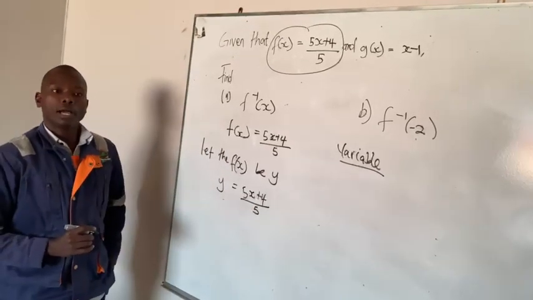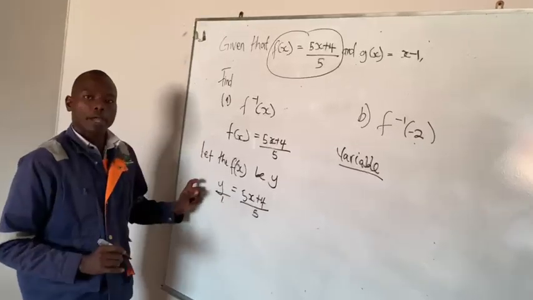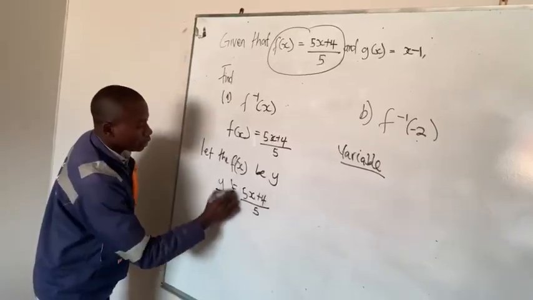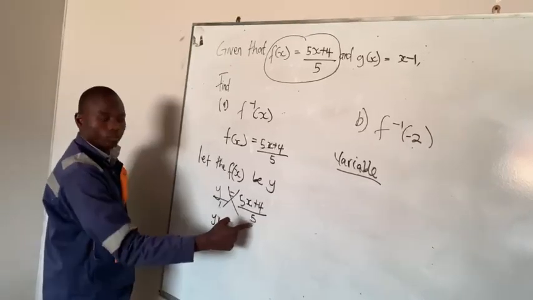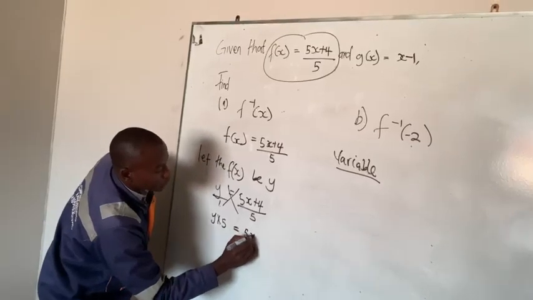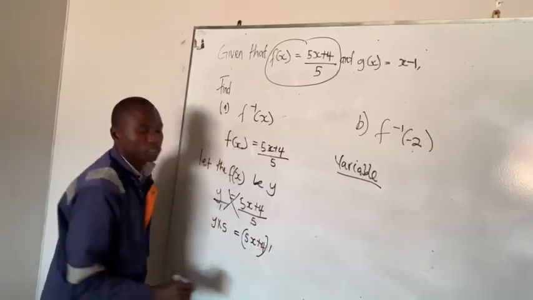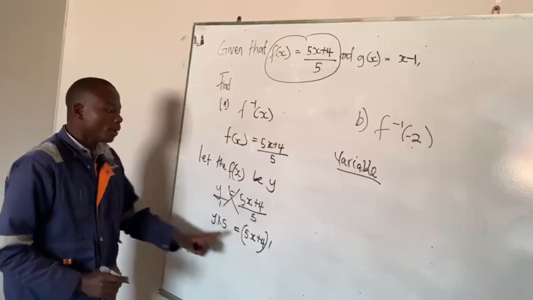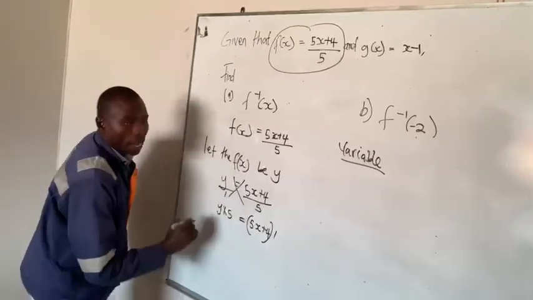What we do here, we cross multiply. So I said y over 1, meaning that I am going to have y times 5, equal to (5x plus 4) times 1. Remember, a number multiplied by 1 remains the very number.